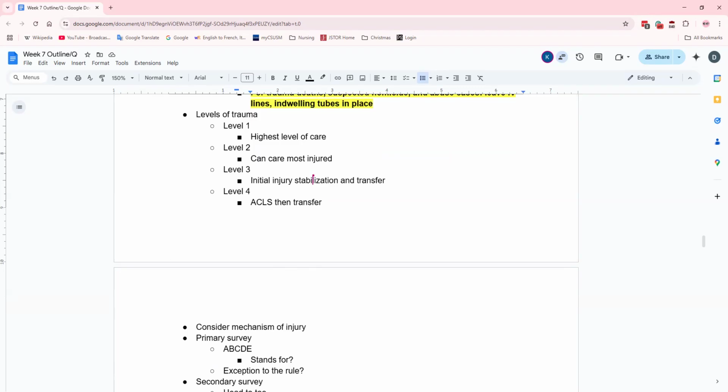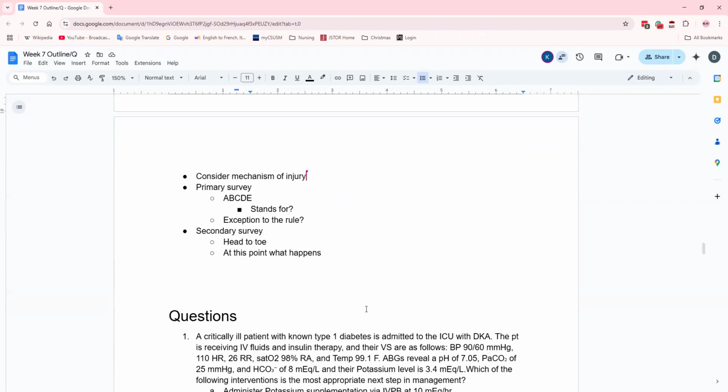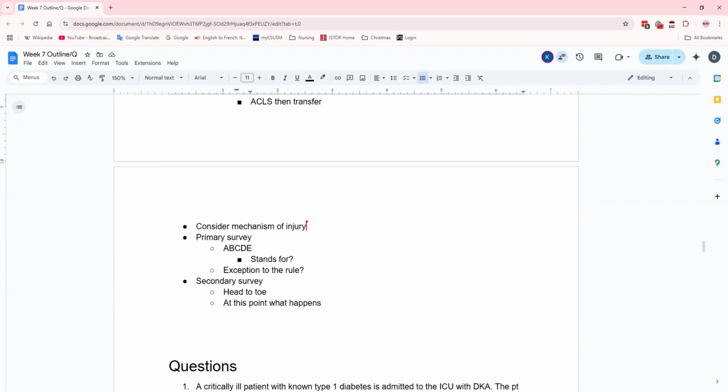Cool beans. When you have injuries as well, I need you guys to consider the mechanism of the injury. So how did it happen? Was it blunt force? Was somebody punched? Did they get in a car accident and get hit by the steering wheel and the door and the airbag? Is it a gunshot wound?